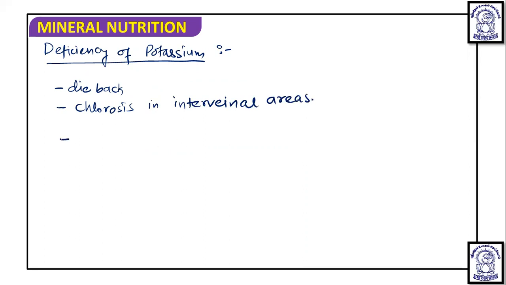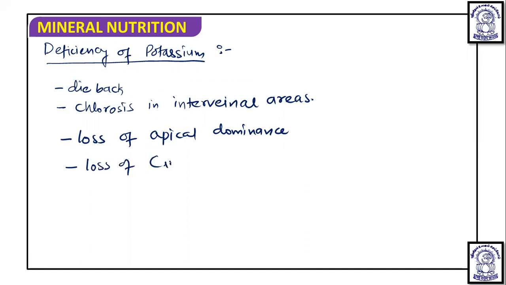Then loss of apical dominance in the absence of what, the potassium. Loss of cambial activity. Plastid disintegration.